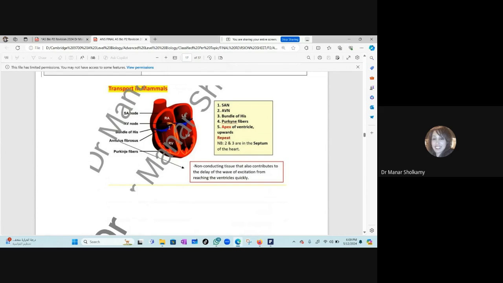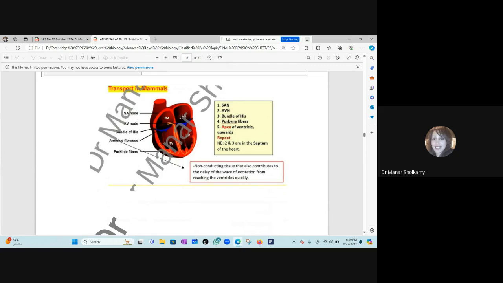And something else also contributes to this delay. Fibrous tissue, you see this blue fibrous tissue between the atria and the ventricles. It has a name, but you don't have to know it. You can just describe it as non-conducting tissue because I saw it in the mark scheme. It's called annulus fibrosus. But not only the atrioventricular node causes a delay, the atrioventricular node plus the non-conducting tissue between the atria and the ventricles also contributes to the delay of the wave of excitation from reaching the ventricles.